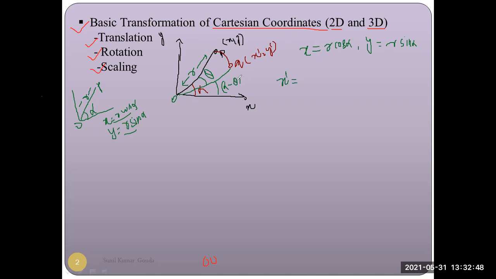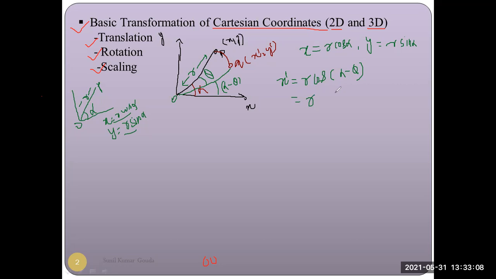Now what is x dash? Similarly, x dash can be written as, suppose this is again r, so x dash will be r cos of the angle it is making. The angle is alpha minus theta. If I open this, what is cos of alpha minus theta?